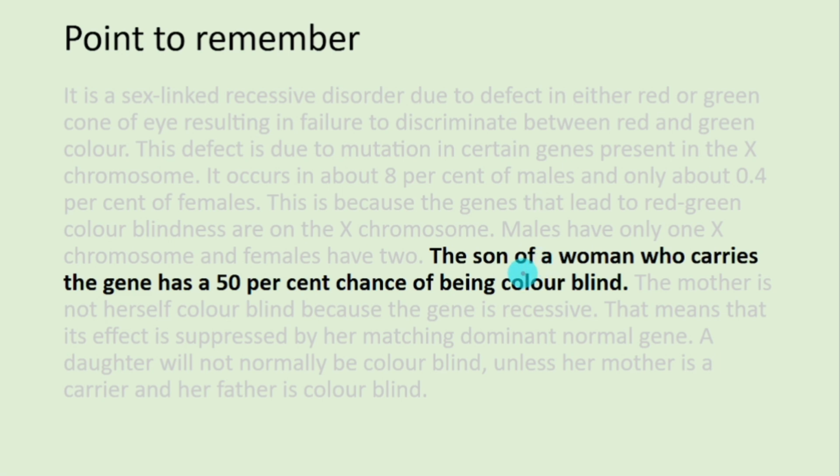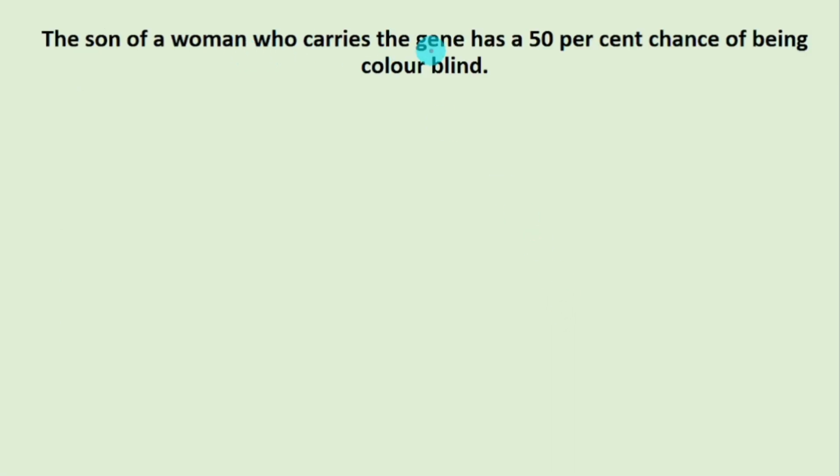So two scenarios we will discuss here. First one, the son of a woman who carries the gene has a 50% chance of being colorblind. So what is the probability of her son being colorblind?